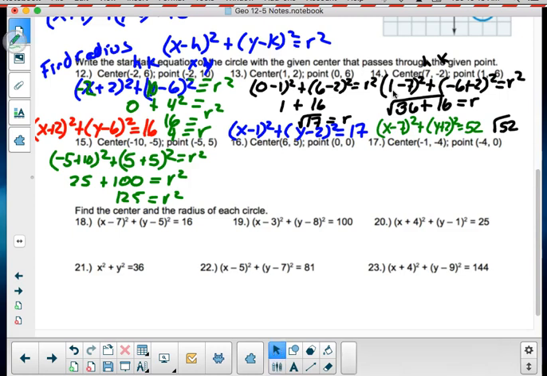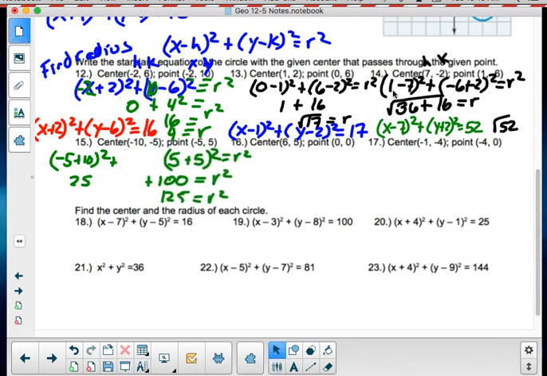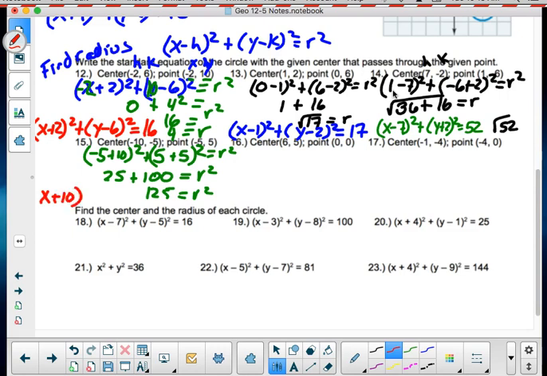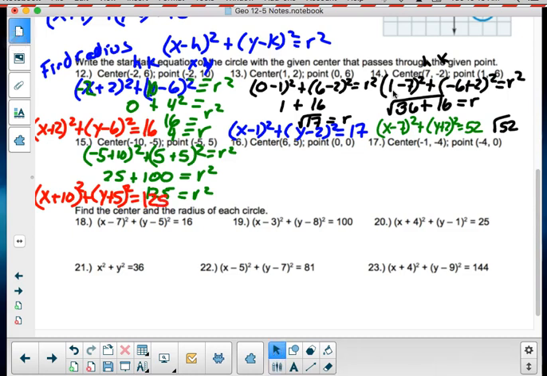Since I'm writing the equation, they don't even ask me to find r. I'm just going to slide this over a little bit so I can get my equation in there. I've got (x + 10) squared, because that's h, plus (y + 5) squared is equal to 125. And that's my equation for my circle.